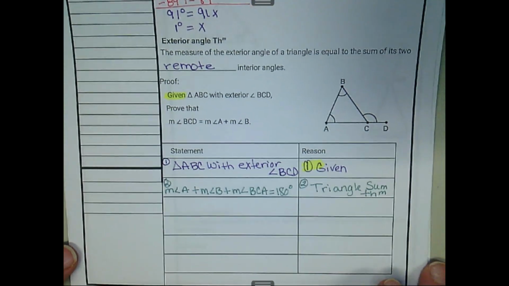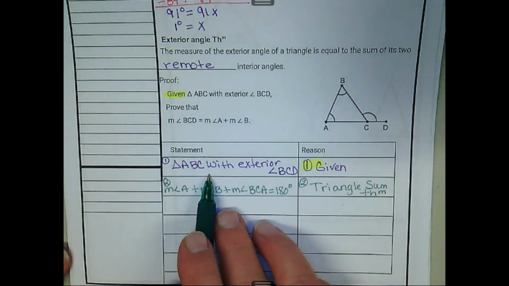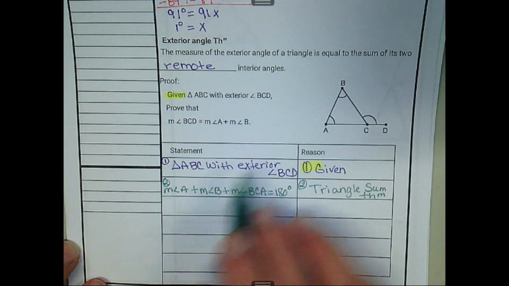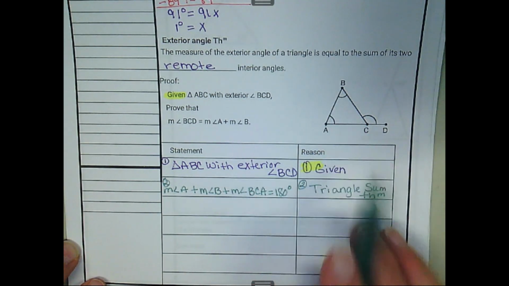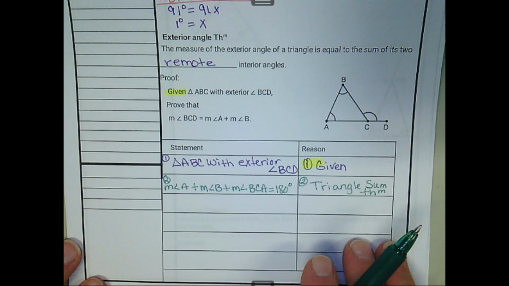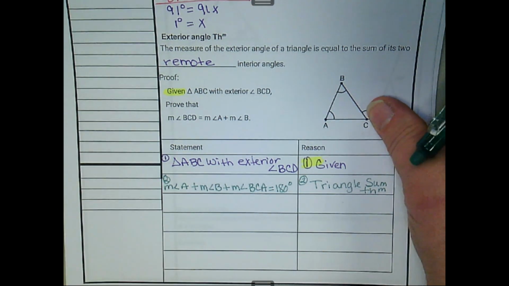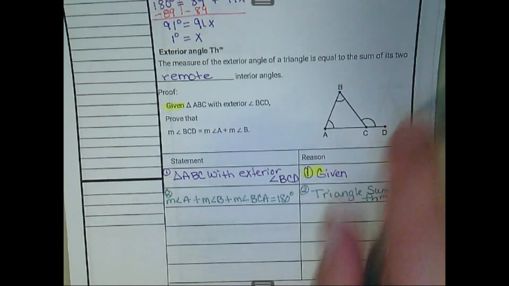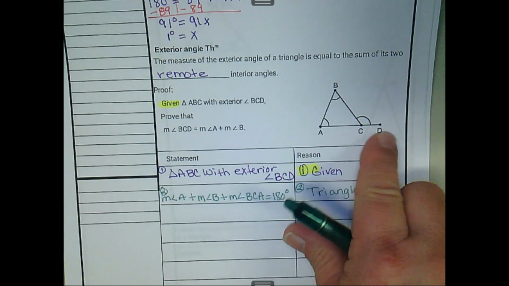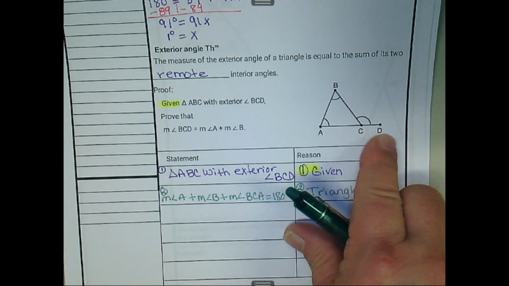Okay, now I've used my given, I've looked at my triangle, I've used that information. What other geometric figure do you see up here? If I only had the triangle, it would end here. What would I call this?